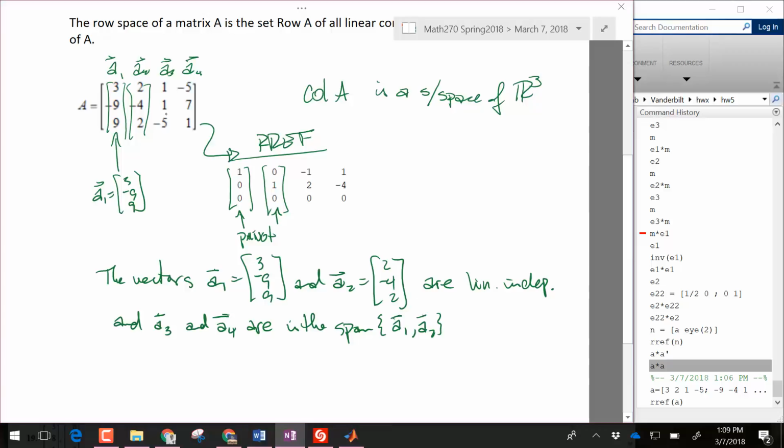Which means you could take 1, 1, negative 5 and write that as a linear combination of A1 and A2. And you could take minus 5, 7, 1 and write that as a linear combination of A1 and A2.